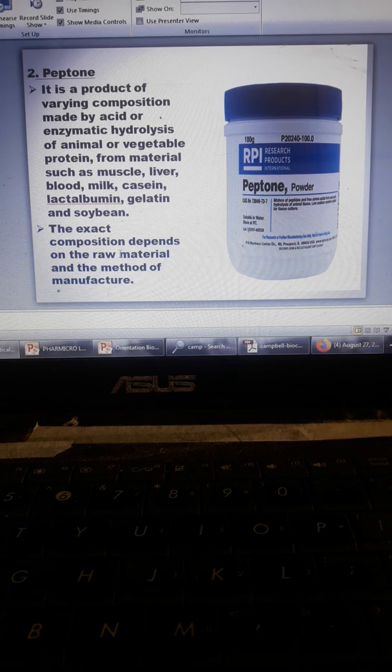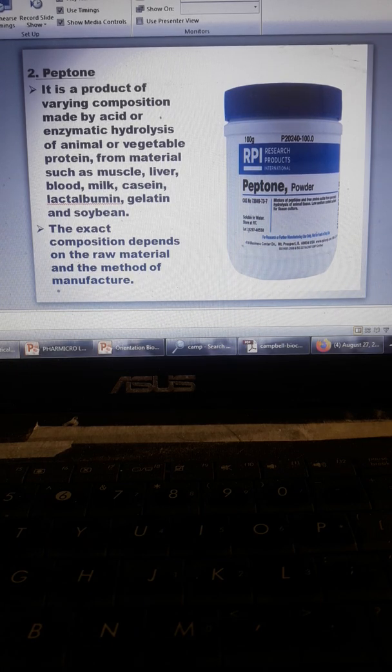So exact composition depends on the raw material and the method of manufacture. So depende yan sa manufacturer. Okay. There is what we call a common supplier known as Charlau. So they are the ones that are considered to be high quality manufacturers of the tawag nito mga reagents, including of course the medium.